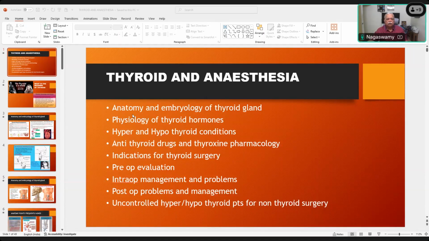So, thyroid and anesthesia, these are all the common things they may ask you. Anatomy and embryology, physiology of thyroid hormone, hyper and hypothyroid conditions, antithyroid drugs and thyroxine pharmacology, indications for thyroid surgery, pre-op evaluation, intra-op management and problems, post-op problems and management, uncontrolled hyper or hypothyroid patients for non-thyroid surgery or requiring surgery for correction of unresponsive to medical treatment itself.